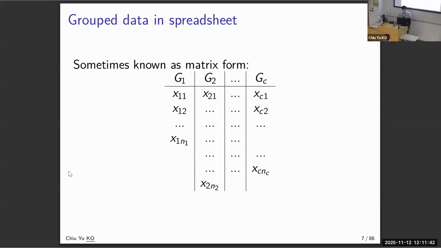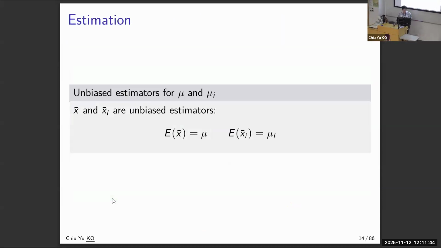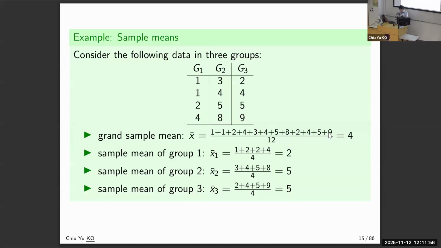Without any doubts, they are all the unbiased estimator. But let's quickly go into the calculation. If you look at this data, you add up everything there, divided by how many data there are, then it's X bar.